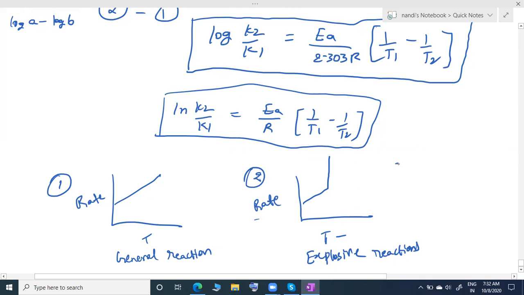Next one, biological reactions, rate versus temperature. Initially the rate of the reaction increases, reaches some peak, then falls down. This is for biological reactions.